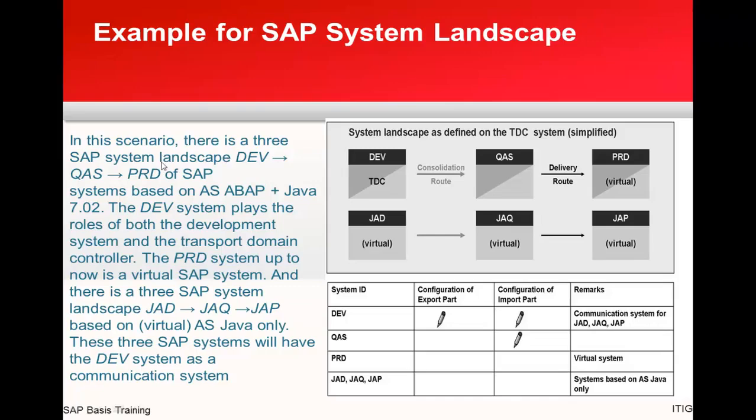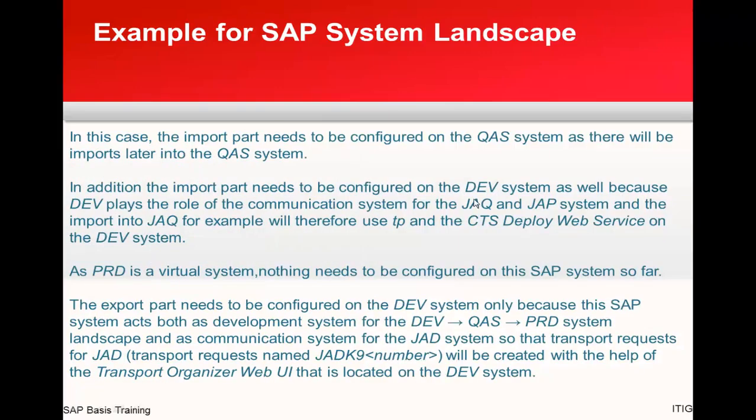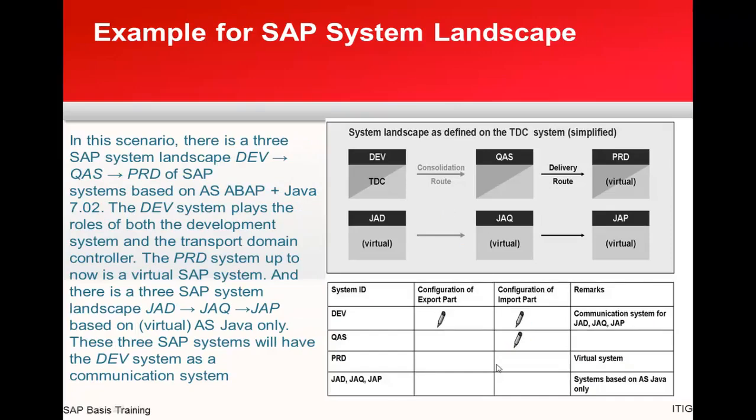In this scenario there is a three-system landscape. The dev system plays the role of development system and transport domain controller, the prod system is a virtual SAP system, and these are the Java systems. One more key thing to note here is the communication system. This dev system plays the role of a communication system for these three. So that is one key thing to note.